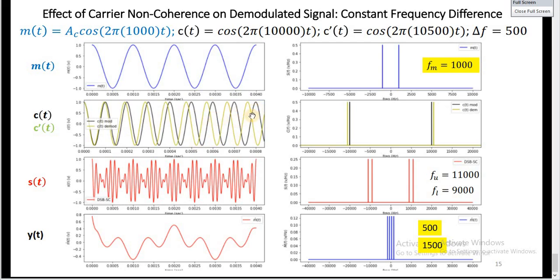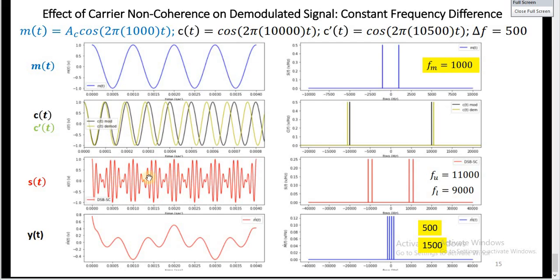In the frequency domain, we have one impulse at 10,000, another impulse at 10,500. So this is the Fourier transform of the carrier at the receiving side. The black one is the Fourier transform of the signal at the transmitting side.